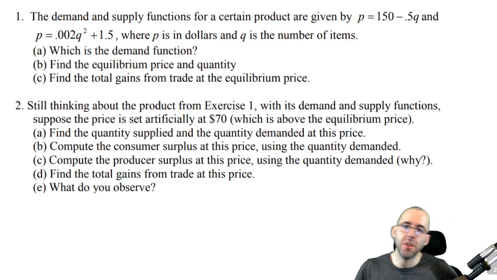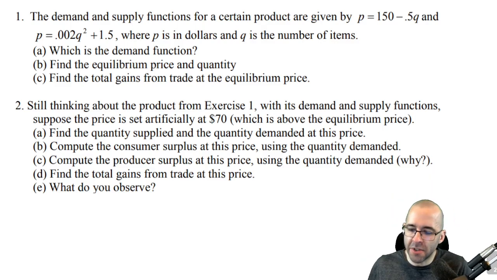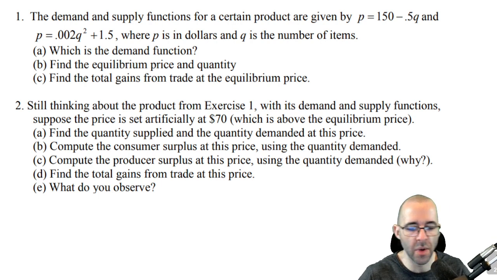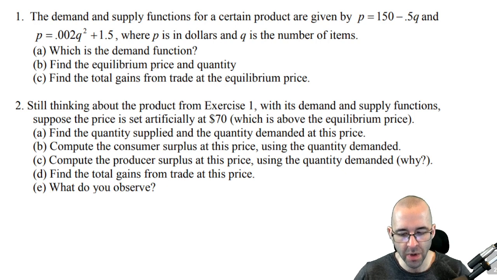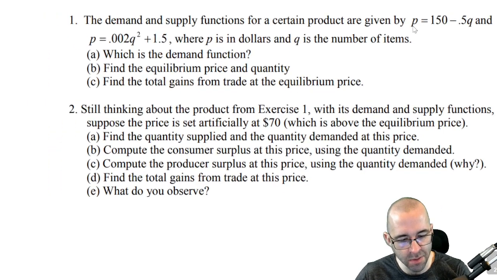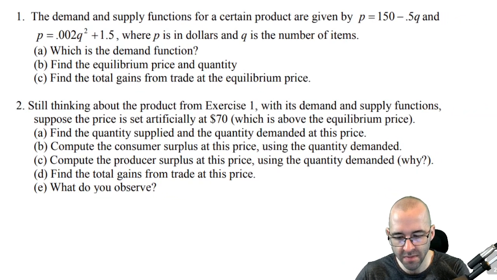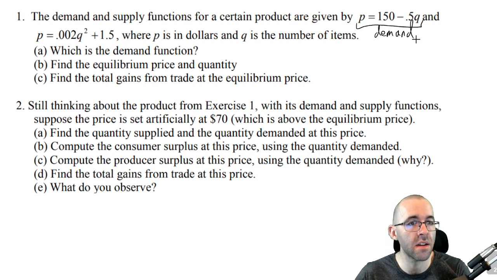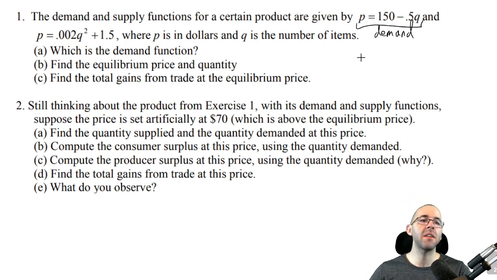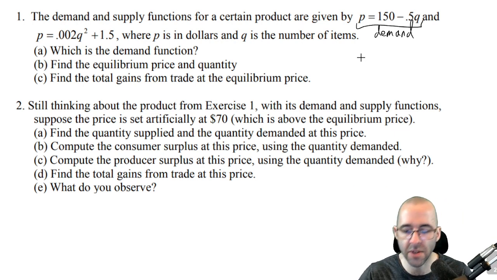All right, I want to do question 2 from the homework. Some interesting conceptual things going on in this question. It wants us to look at the product from exercise 1, where we have supply and demand functions given by this. I think this must be our demand function because it's decreasing. Remember, demand functions always must be decreasing.